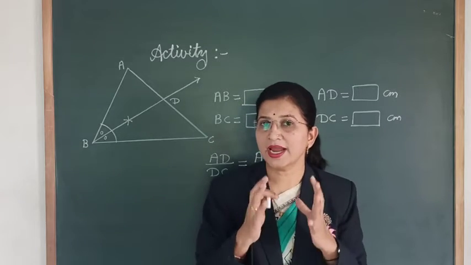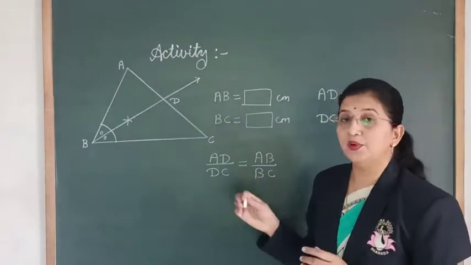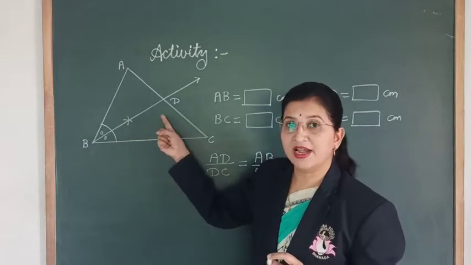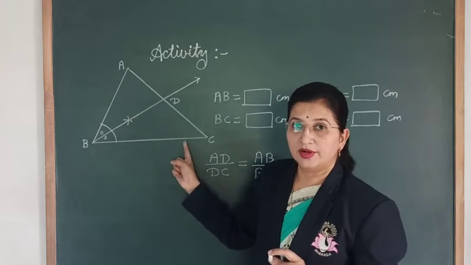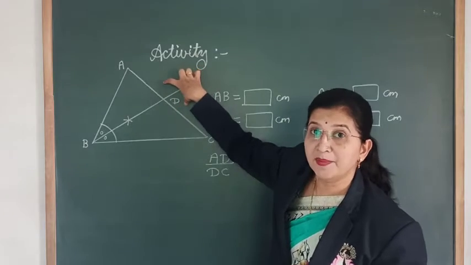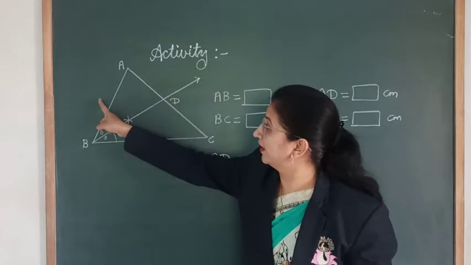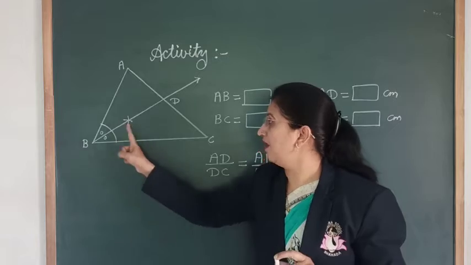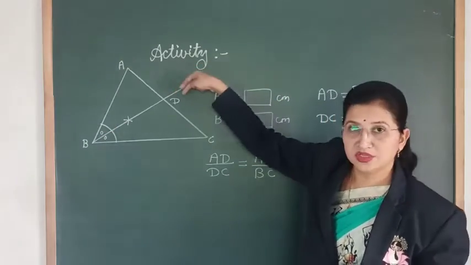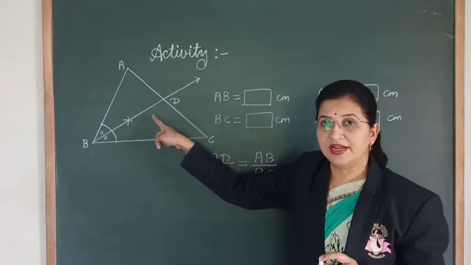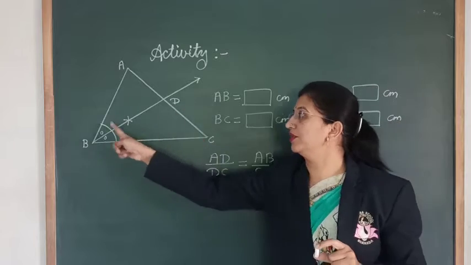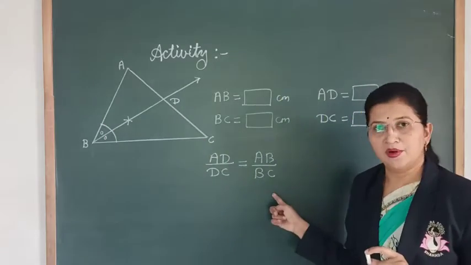Through the activity you can practically verify that if the bisector of an angle of a triangle divides the side opposite to the angle, then it divides it in the same ratio as the remaining sides. Whatever is the ratio of these two segments divided by this angle bisector, this ratio is equal to the ratio of the remaining sides, that is AB upon BC.